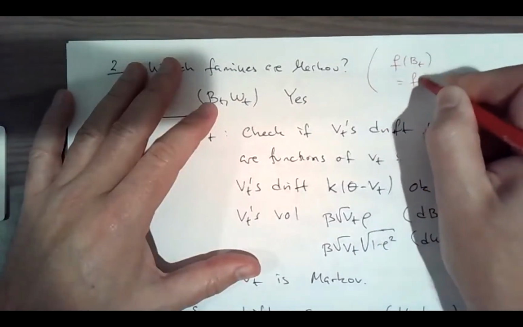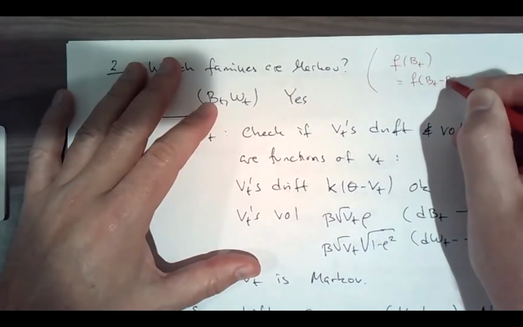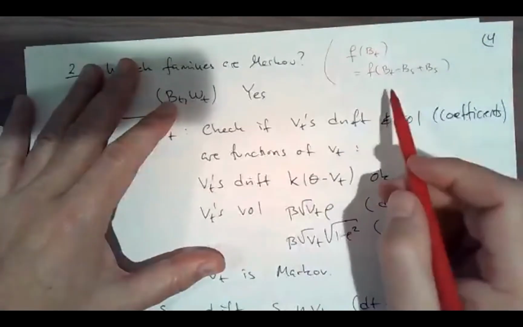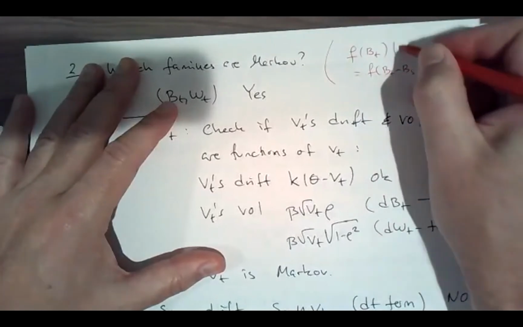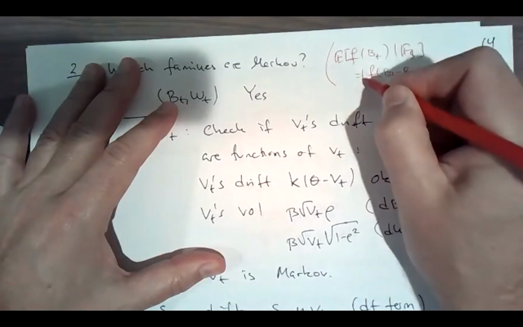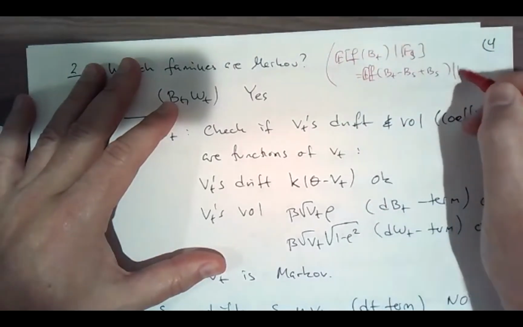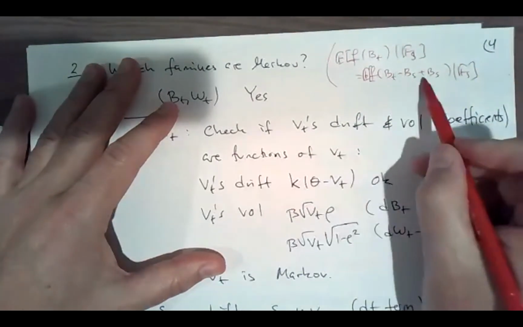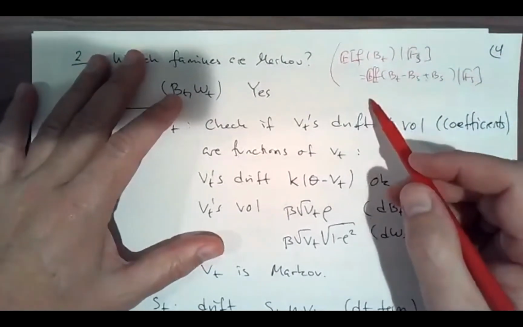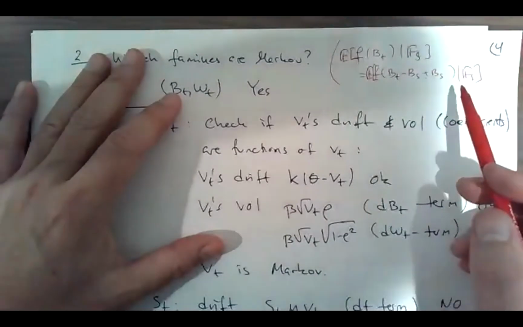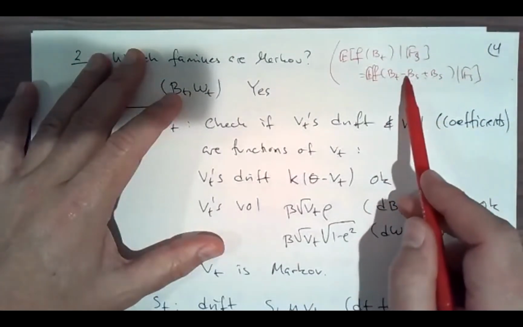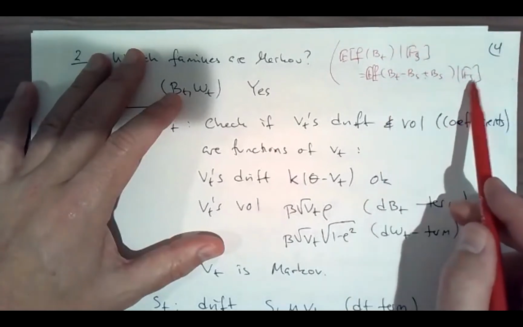You write this as f of B_t minus B_s plus B_s, and then when you condition on B_s. Wait, this is proving a martingale or Markov? Markov. Right. The question is, why is B Markov? That's because now you can use the independence lemma. This part here is independent of that one.